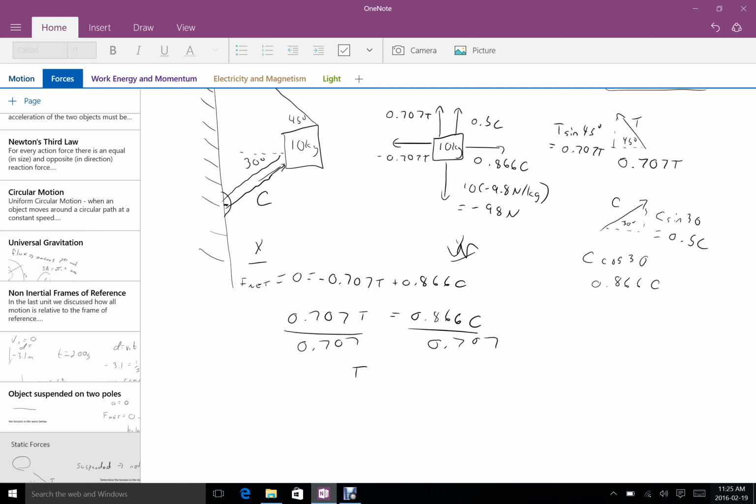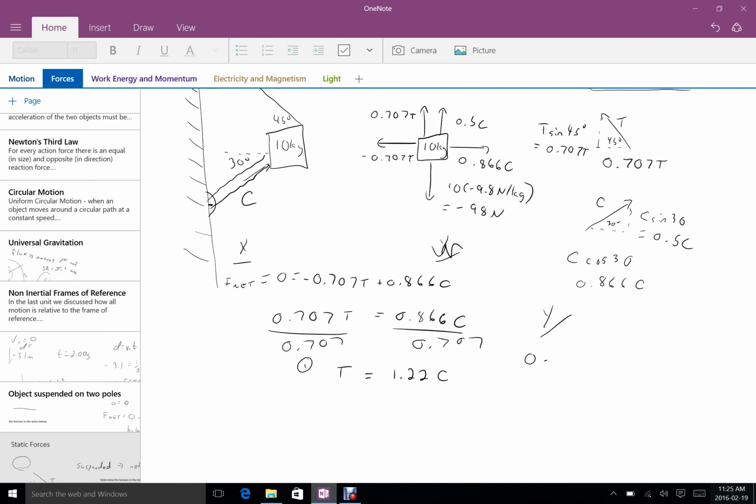So I can see that my tension is 1.22 times the size of my compression. So my tension is 1.22 of my compression. And that's good. That's in a nice solved spot. We're going to use that, but let's get the other equation in the y direction.